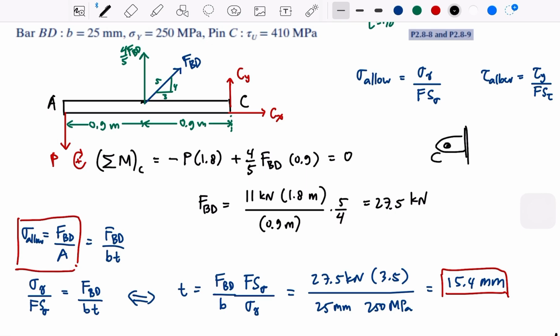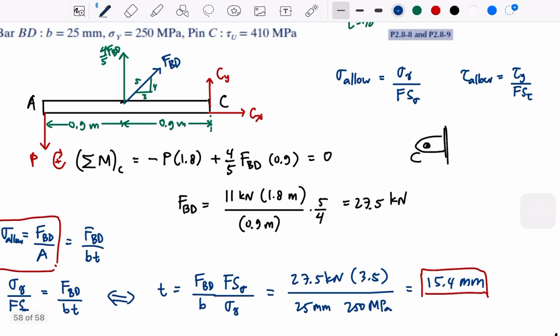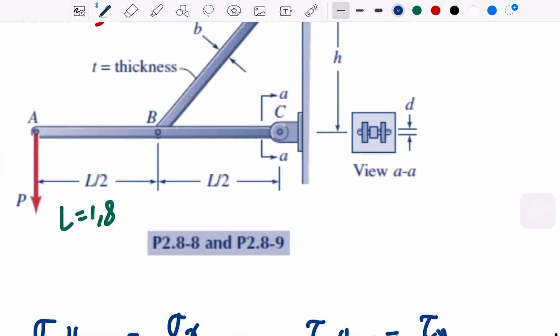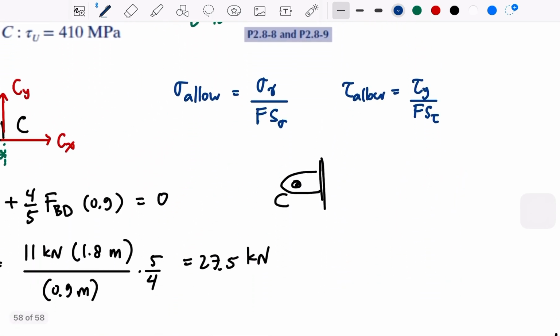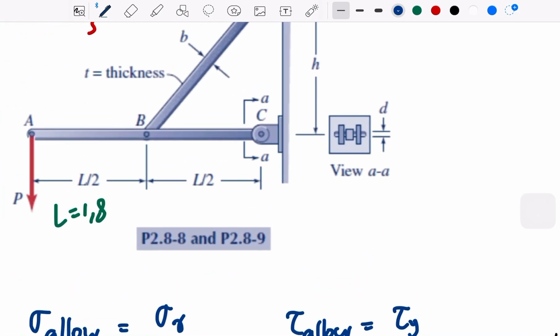This is the C, and it also gives us this view, okay? So every time you see something like this, you're supposed to relate it to the shear. Okay? It's either single or double. And how about this? It's double, right? Double shear. This has both sides.